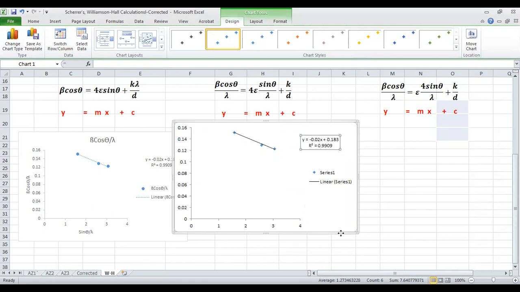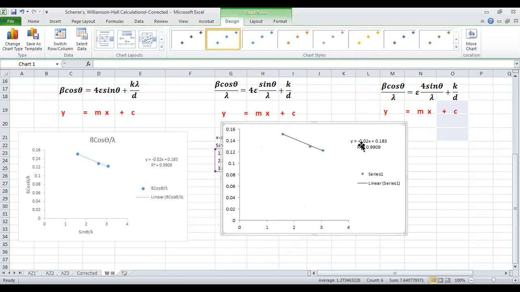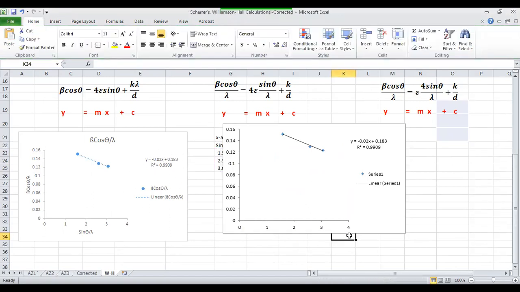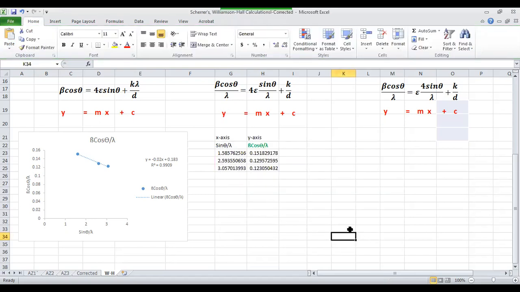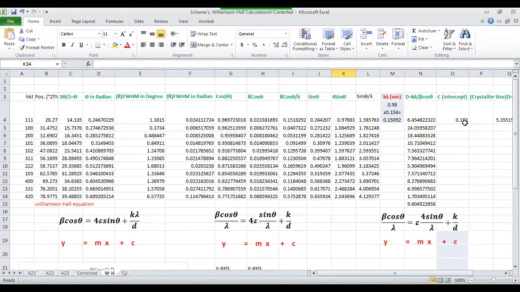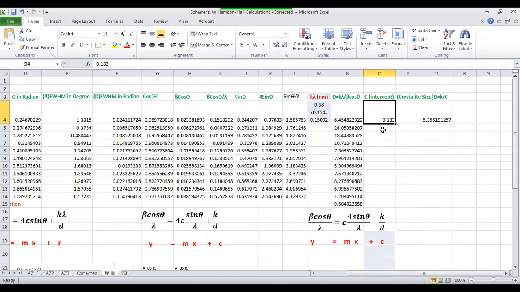This is y equal to minus 0.02x plus 0.183, where 0.183 is the intercept. I have already plotted this over here, so I am just going to delete one of the graphs. You will directly get the value of the intercept from this graph, 0.183.